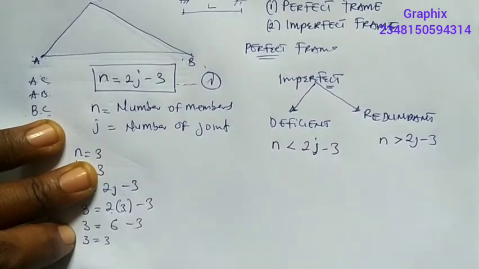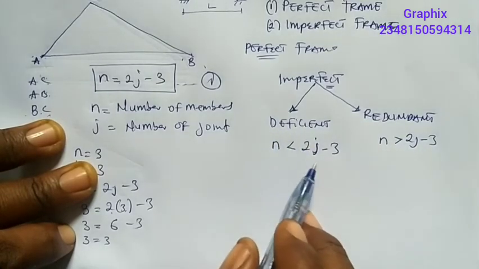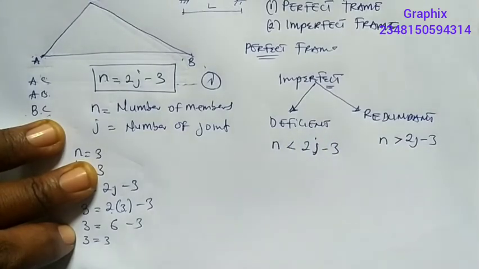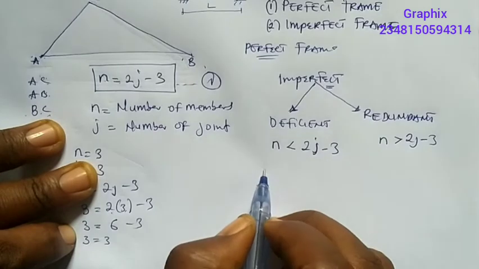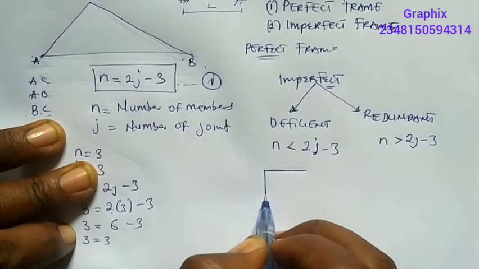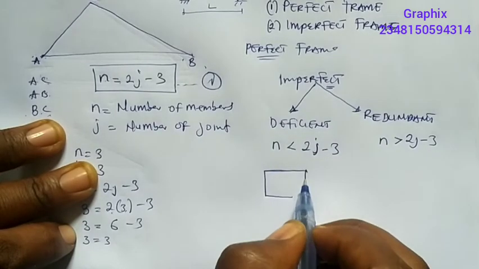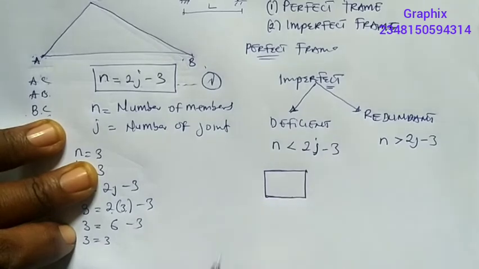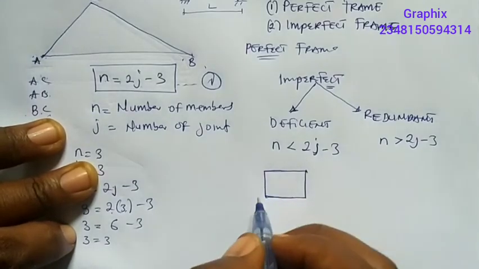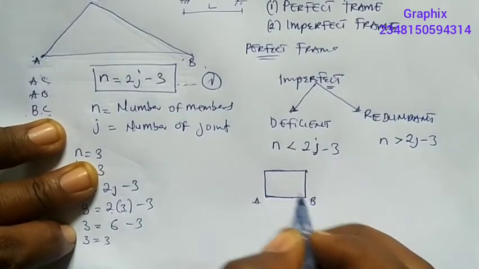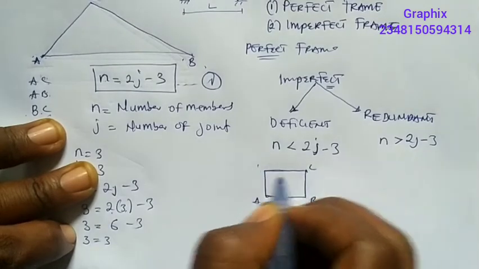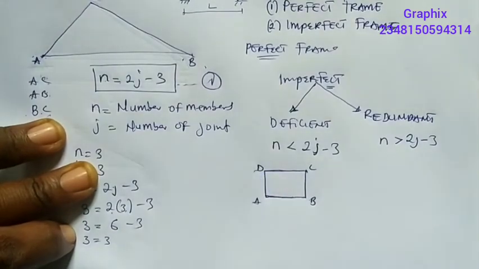So we should know that in a deficient frame, the number of members is less than 2j minus 3. Let's take for example a square as my structure, or a rectangle, and this is A, B, C, and D.